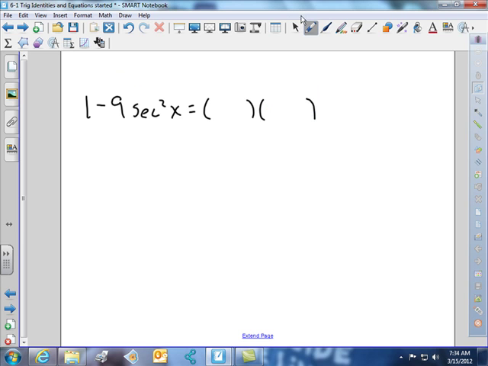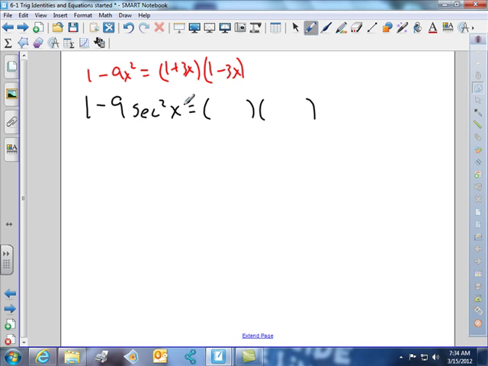This is kind of like 1 minus 9x squared. It's what's called a difference of squares, if you recall, which factors down to 1 plus 3x times 1 minus 3x.